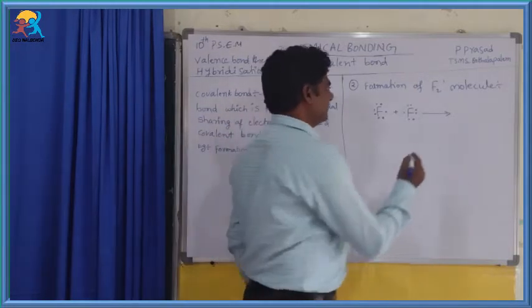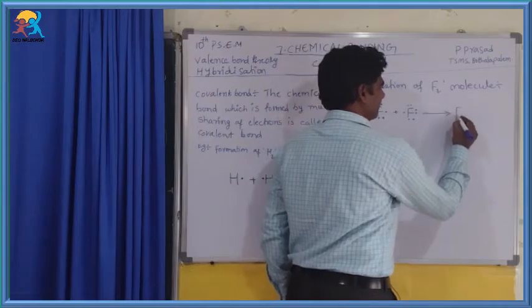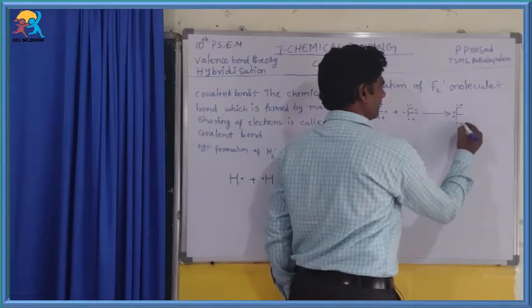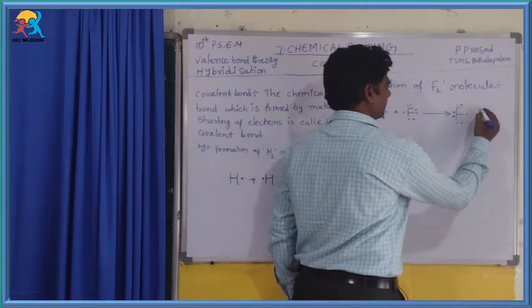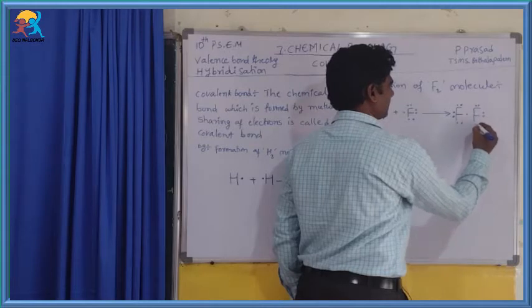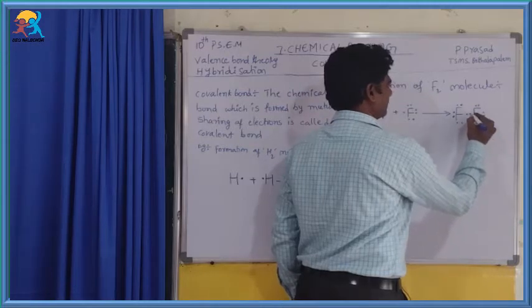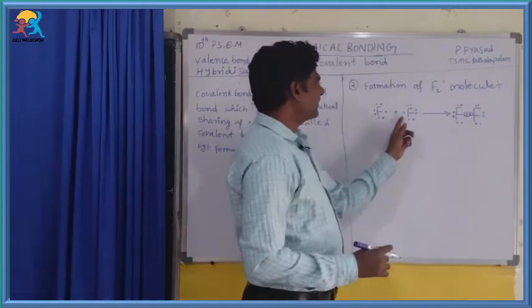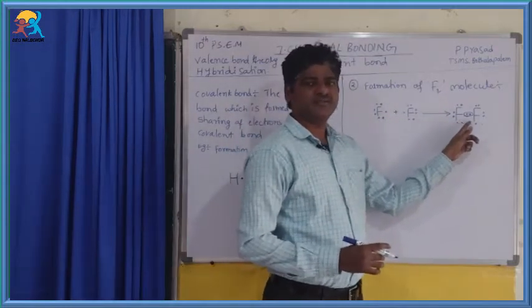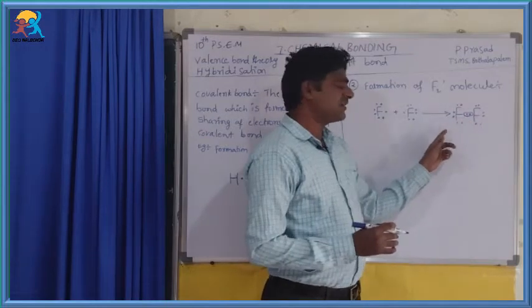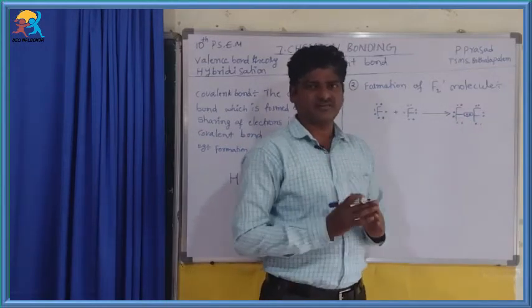Like this, the 7th electron of each fluorine atom is shared, mutually shared. That means the shared electrons belong to both fluorine atoms here.